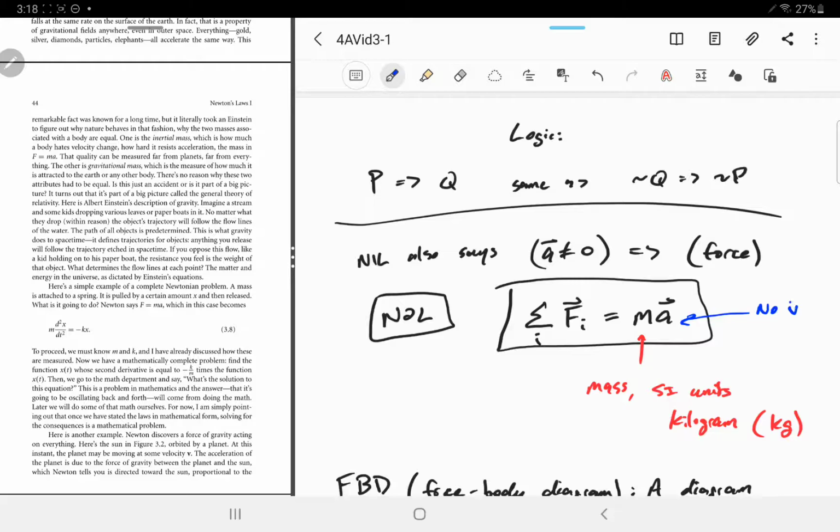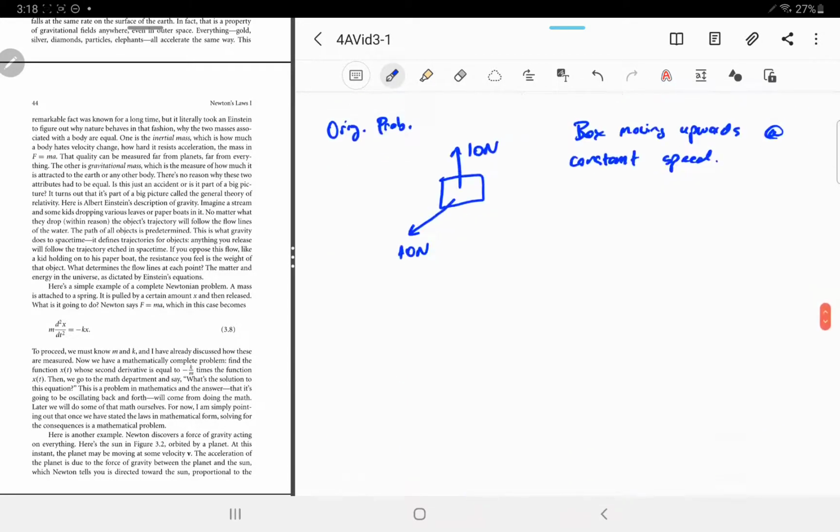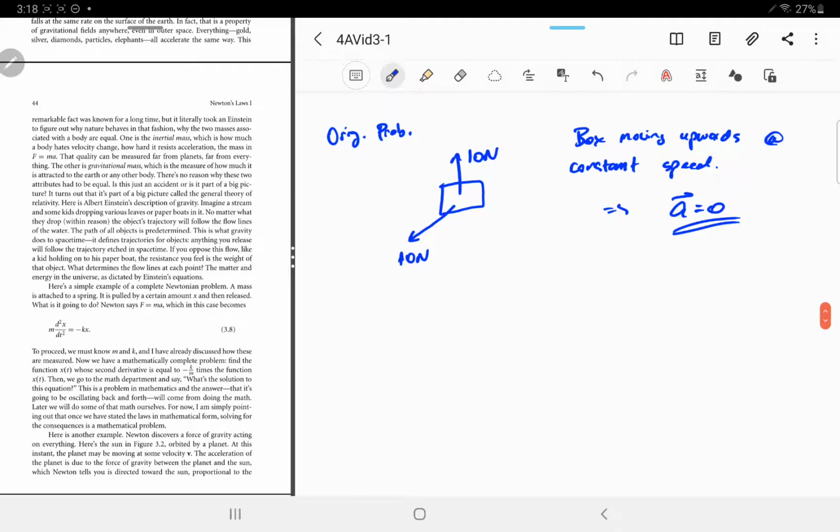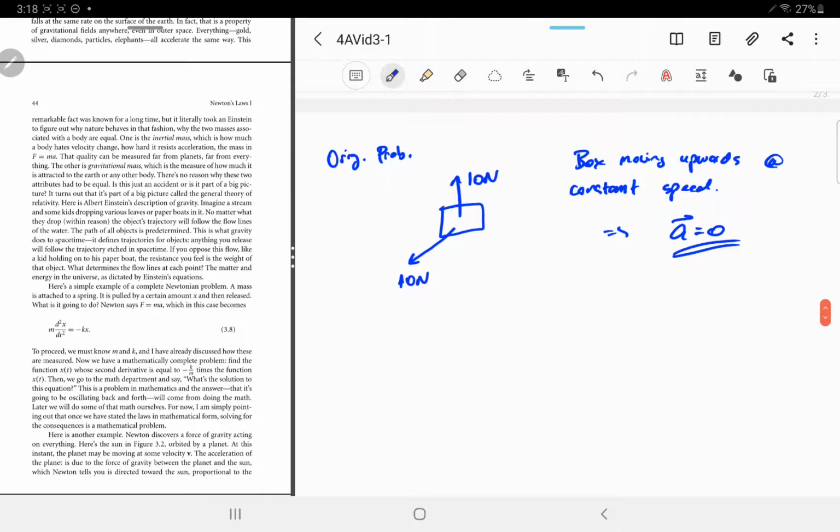There are no v's here. All that matters is the acceleration. And so if the box is moving upward at constant speed, this means that the acceleration is 0. That we just know from kinematics. And then combining this fact with Newton's second law, if the acceleration is 0, that means the sum of all the forces acting on the box has to equal 0.